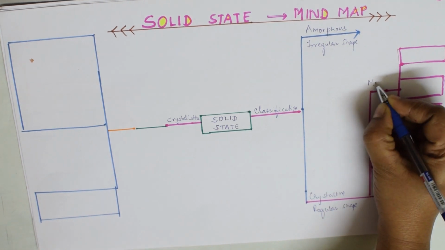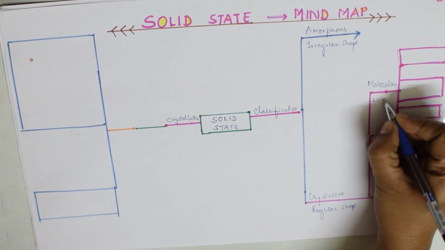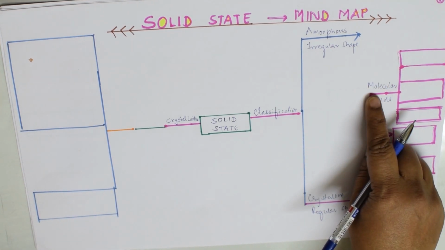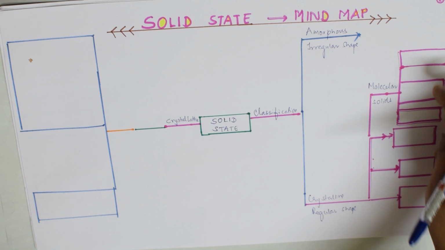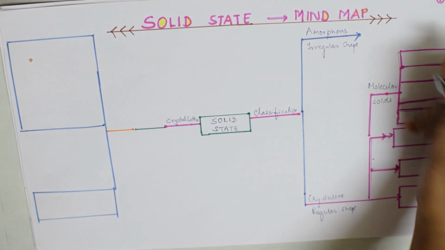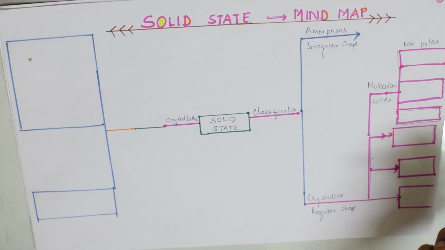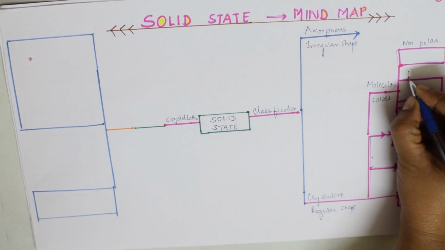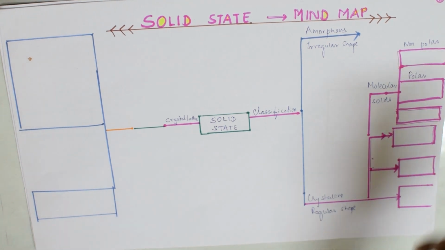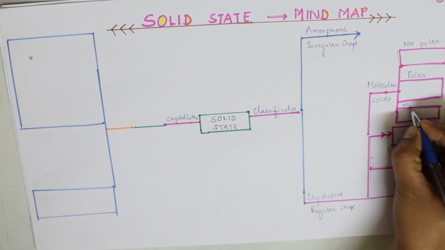So the first variety of classification of crystalline solids is molecular solids. Molecular solids are again further divided into 1, 2 and 3 varieties. The first variety of molecular solids is non-polar solids. The second category of molecular solids is polar solids. The third category of molecular solids is hydrogen bonded solids.